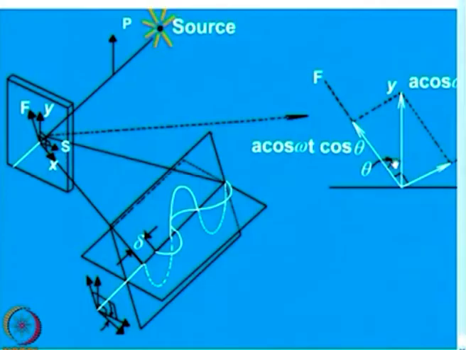Depending on the angle theta, you will have the amplitude as A cos theta into cos omega t, that is the expression for the light vector, and you will have the other as A sin theta cos omega t, and within the model which is shown in an expanded fashion, I have this like this. Make a neat sketch of this.